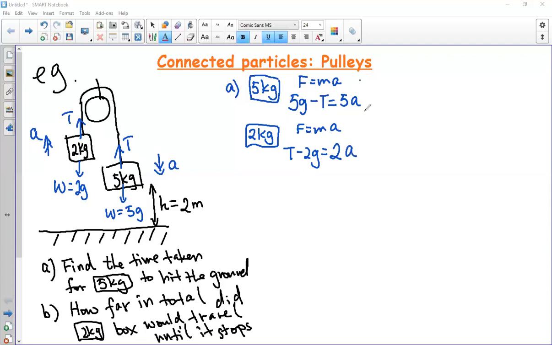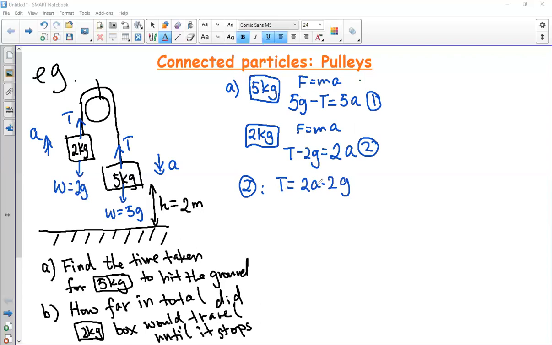Here you can see we've got 2 equations, 2 unknowns, and the question isn't asking for the tension. So if I can get rid of T, I can work out a. Let's say this is equation 1, this is equation 2. Why don't we make T the subject in equation 2? So T would equal 2a minus 2g.